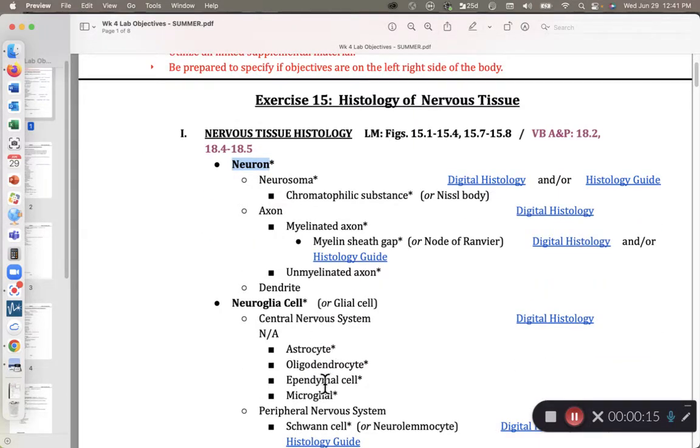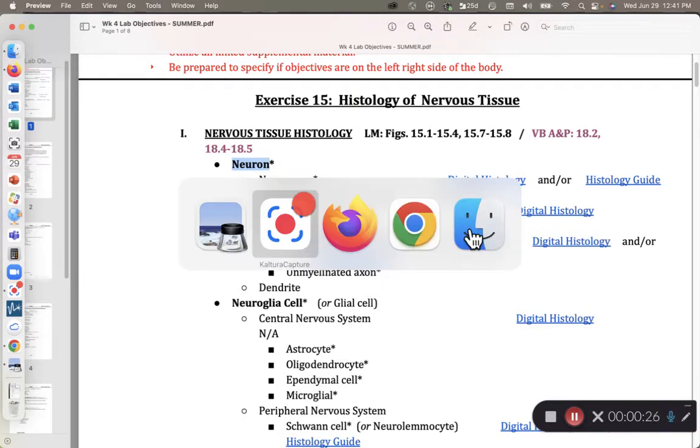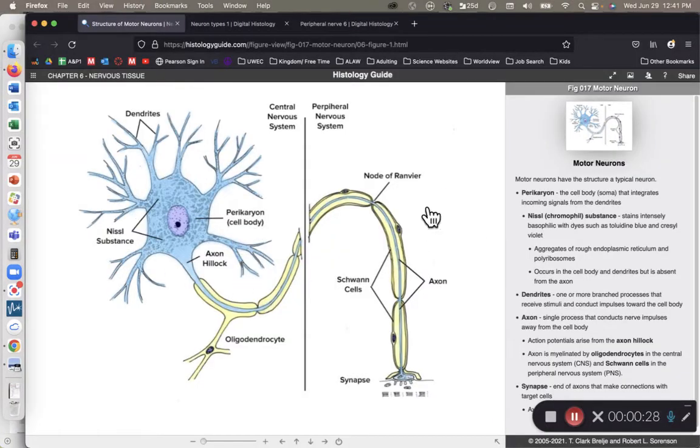As we look at the neuron itself, this is the cell that will initiate and receive, or start and send and receive action potentials. As we look at the generic parts of a neuron, I want to emphasize that the cell body of the neuron is referred to as the neurosoma, and there are dark patches in the cytoplasm.